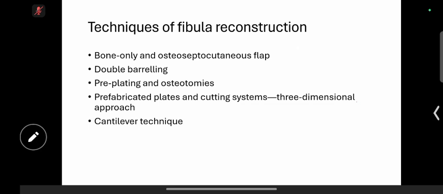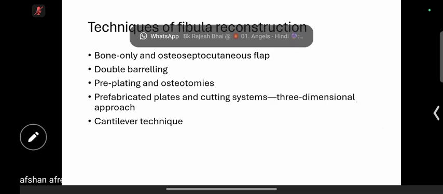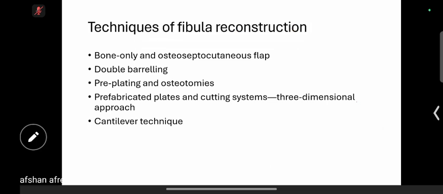Techniques for fibula reconstruction: it could be only bone or a septocutaneous flap. Either the double barreling technique can be used, pre-plating and osteotomies can be done, prefabricated plates and cutting system 3D approach can be done, and a cantilever technique can be done.